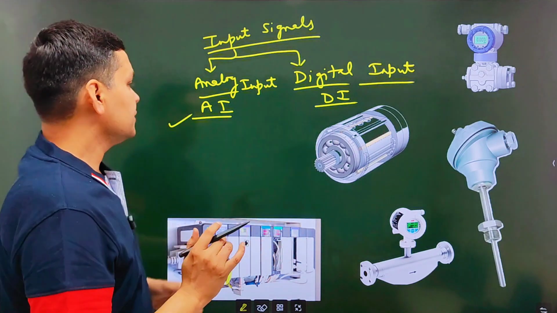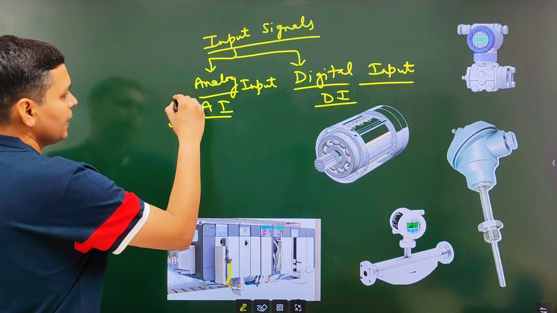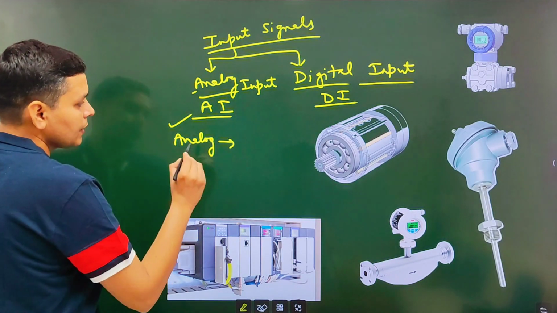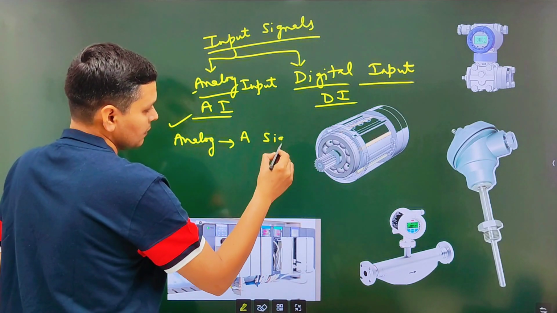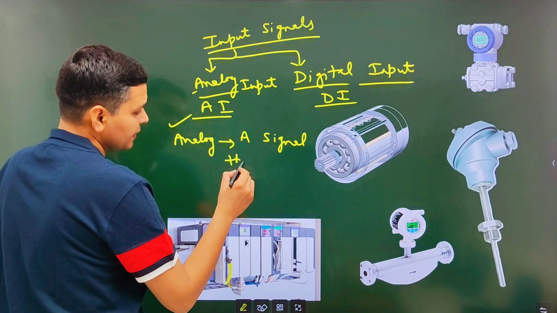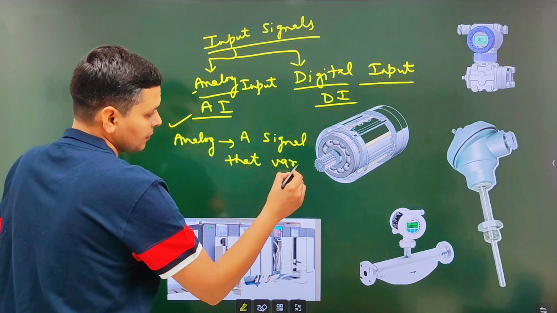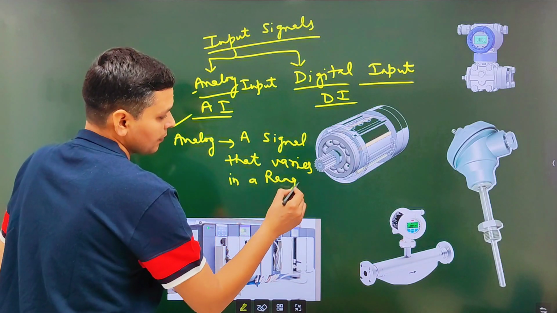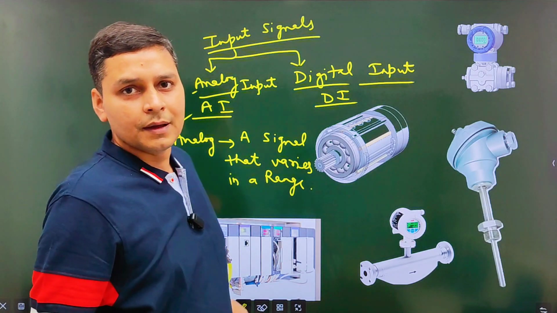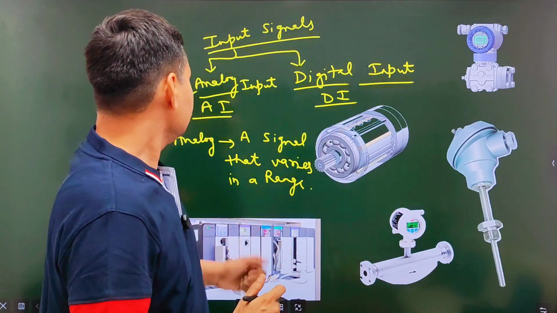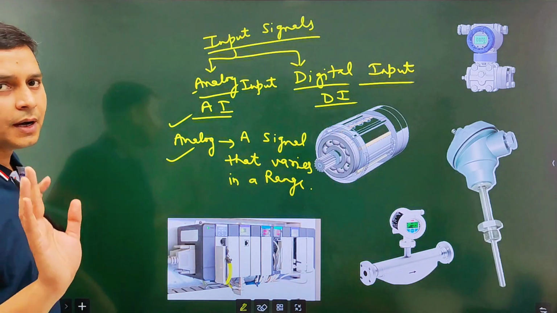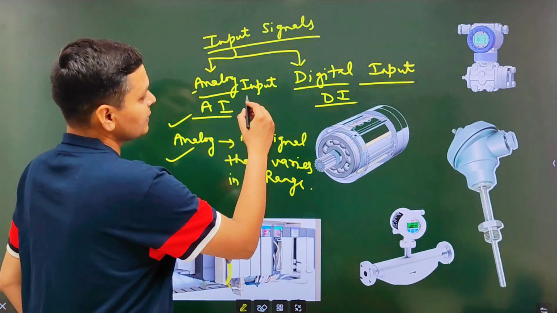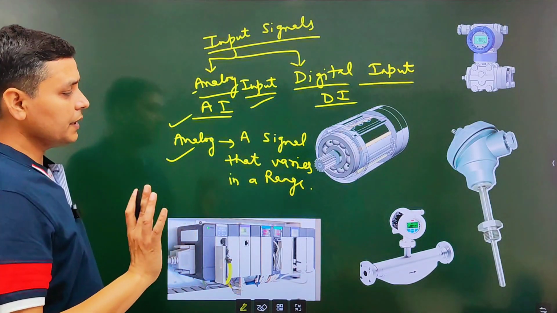Analog means a signal that varies in a range, and this signal is known as an analog signal. If this signal is coming from anywhere, then it is also known as an analog input signal.